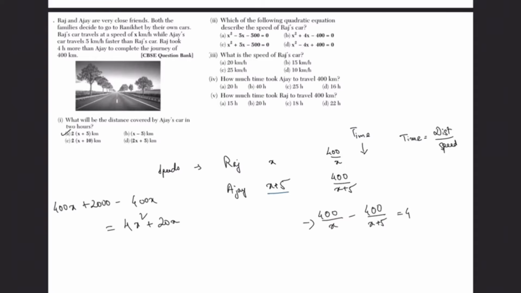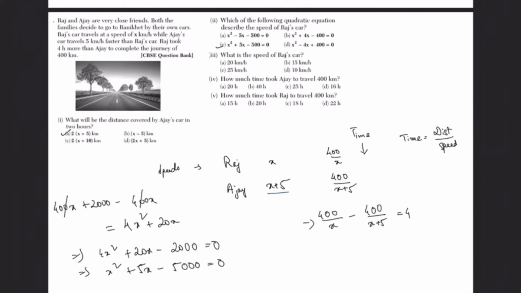Basically I multiplied the left and right hand side by x into x plus 5. That's what will give you this thing. Okay. So 400x and minus 400x will get cancelled. So you are left with 4x square plus 20x minus 2000 is 0. That is x square plus 5x minus 500 is 0. All right. So C is your correct option.